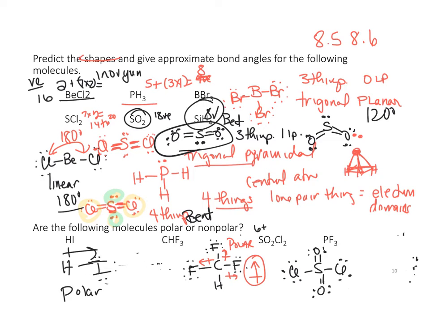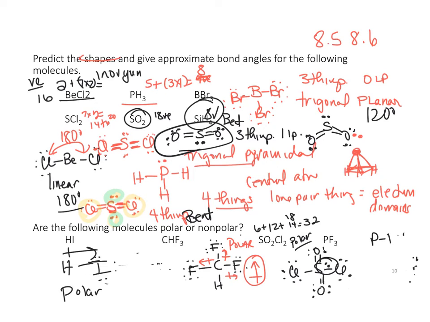So we have 6 plus 12 plus 14, that's 32. 1, 2, 3, 4, 5, 6, 7, 8, 9, 10, 11, 12, 13, 14, 15, 16, 17, 18, 19, 20, 21, 22, 23, 24, 25, 26, 27, 28, 29, 30, 31, 32. Anytime you have a lone pair, you're going to have polarity. So that's going to be polar.